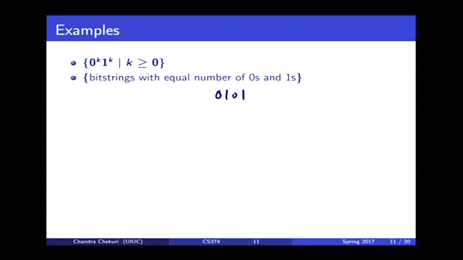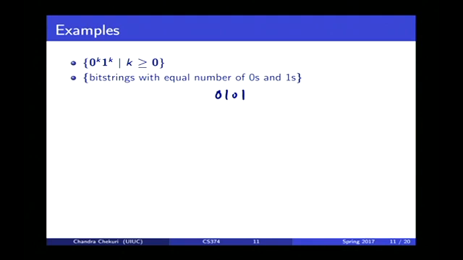How do you find a fooling set for it? Remember, I want us to find a fooling set for this language which is of infinite size. What does that mean? A fooling set is a set of strings such that any two of them are distinguishable by this language. Okay. Yeah?